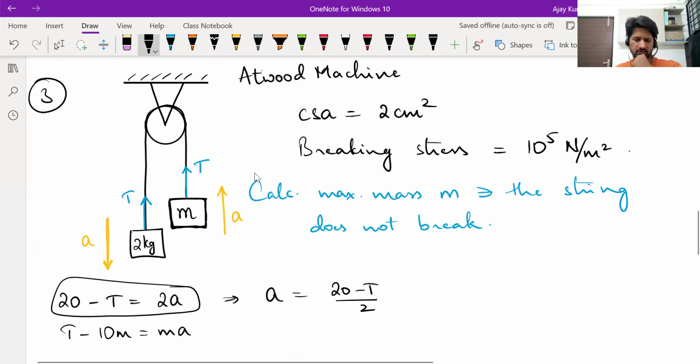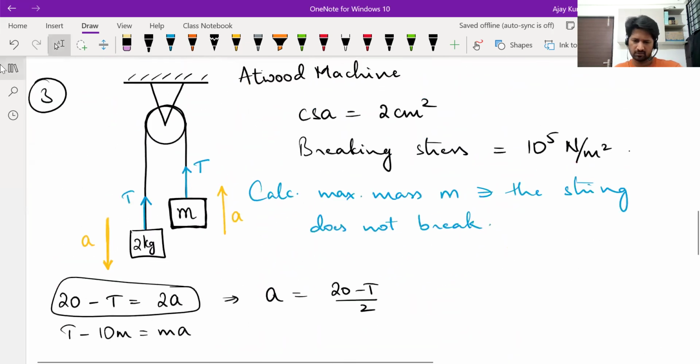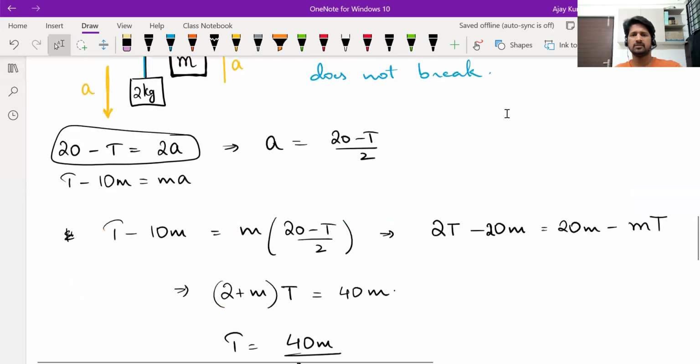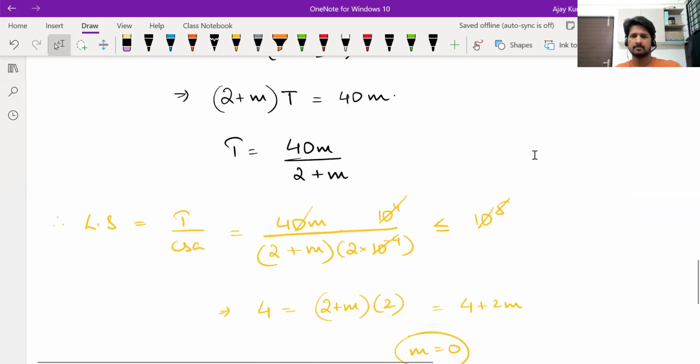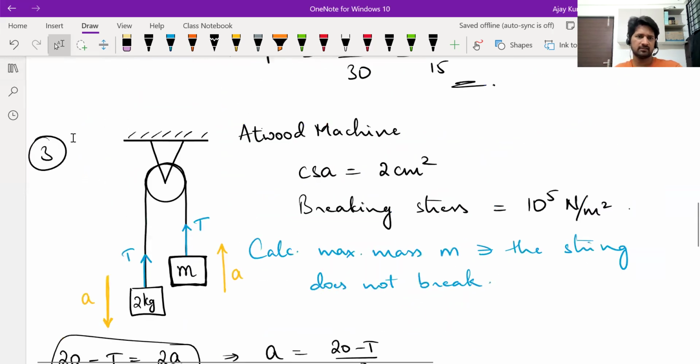This way we are getting M as 0, but M equal to 0 won't break the string. Okay, we'll see what is wrong with this approach. How did you get 2 from this? Okay, let's check. Let's assume acceleration the other way and see if we get any different equations.